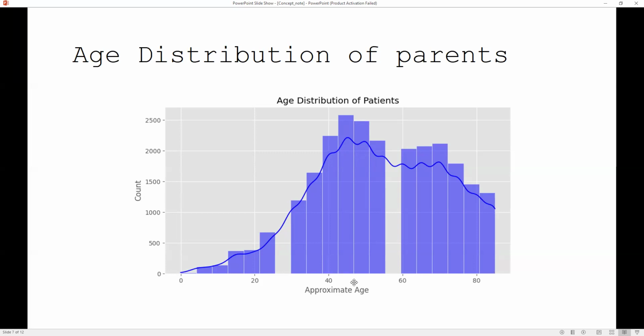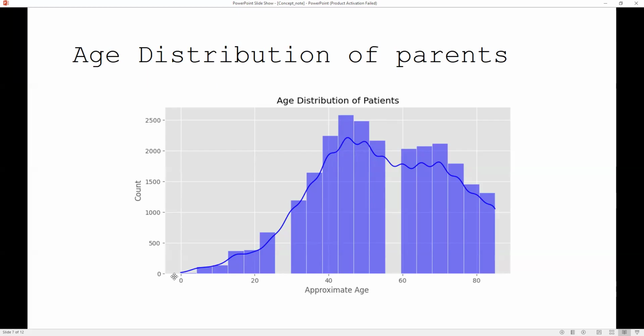So when you look at the age distribution of the patients, we realize that patients anticipated to be prone to skin cancer are those around the age of 40, 50. Around 2,500 patients are prone to skin cancer.